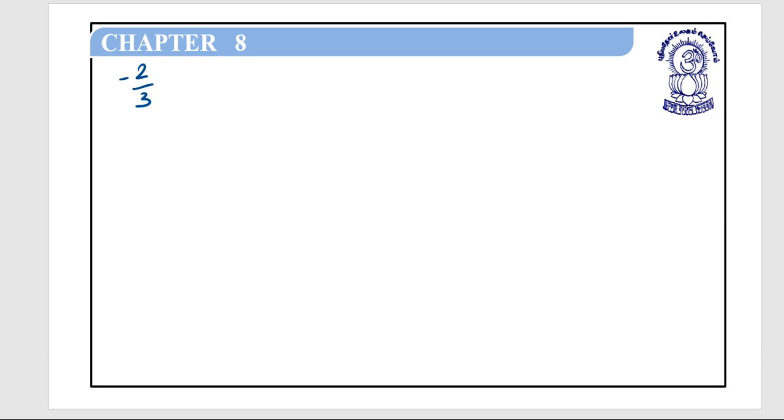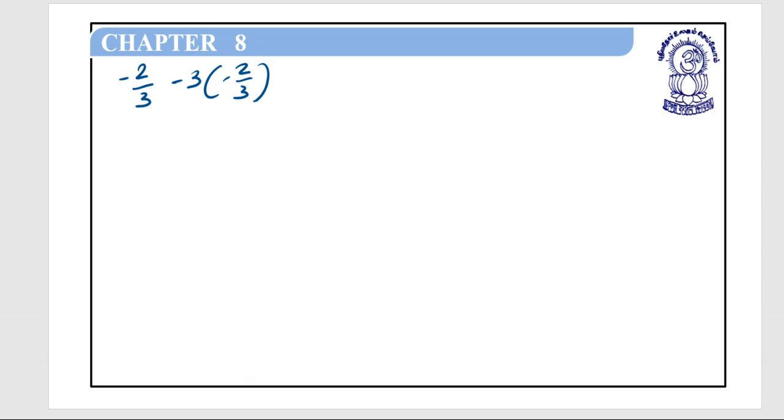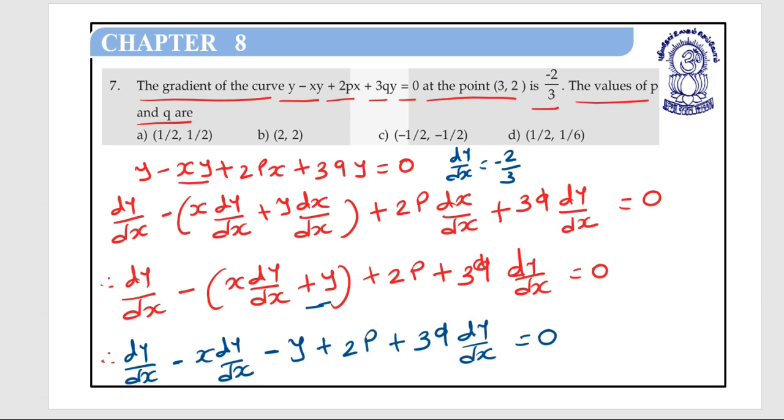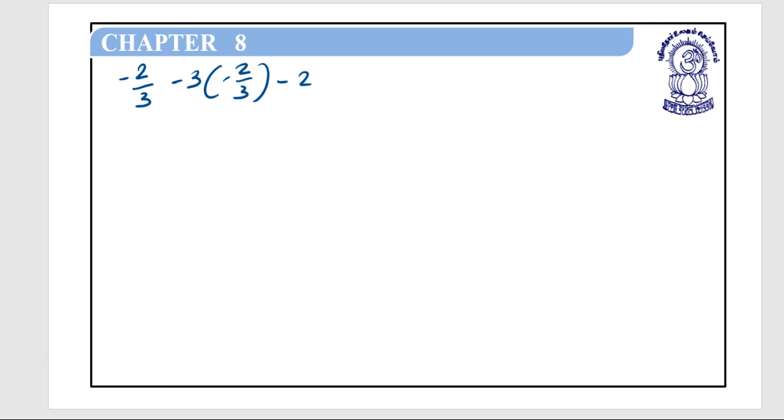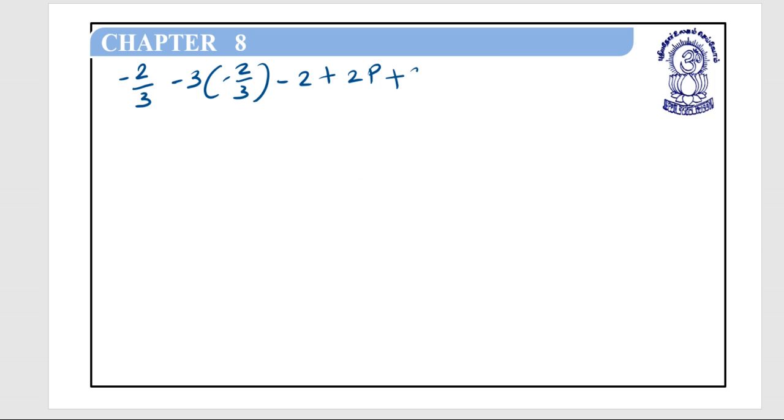Minus 2 by 3 minus 3 minus 2 by 3 minus y. So here x is equal to 3 and y is equal to 2. So minus 2 plus 2p plus 3q. dy by dx, it means minus 2 by 3, is equal to 0.